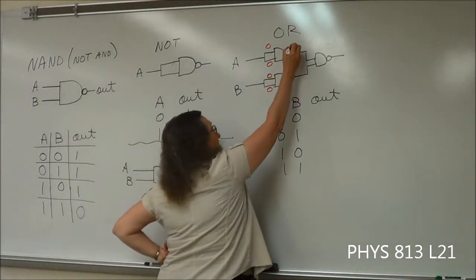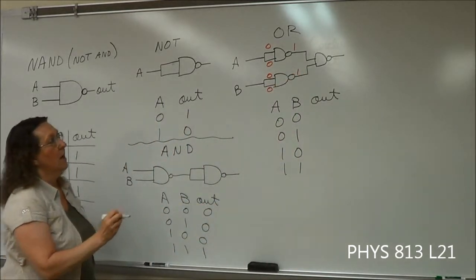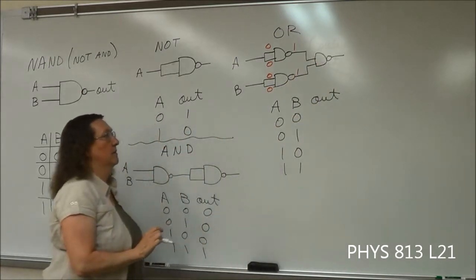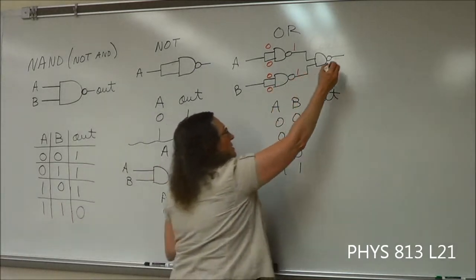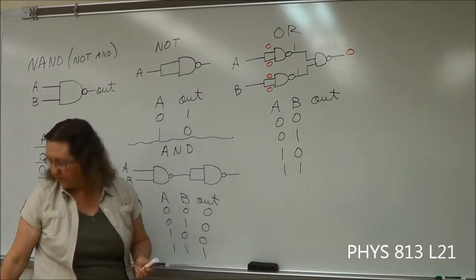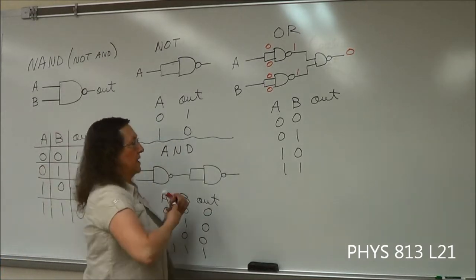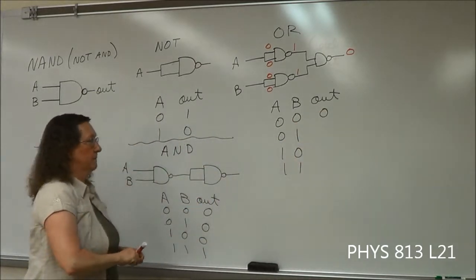So this is a 1, and this is a 1. Now, these two ones go to this NAND. So we go down here to 1 and 1, and the output is 0. So this is a 0. Okay. So once you figure that out, then you can put your answer there.